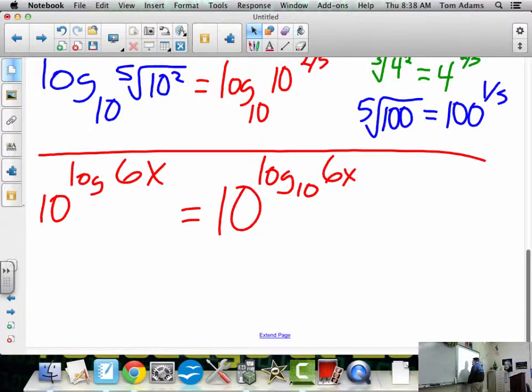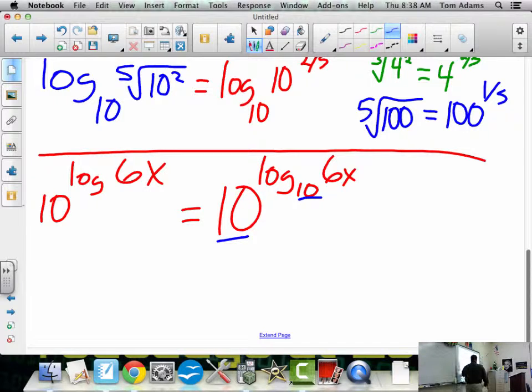And remember that property, if they're the same bases, right? Because they're inverses of one another, what happens is our answer is this. Right? Do you remember that property?